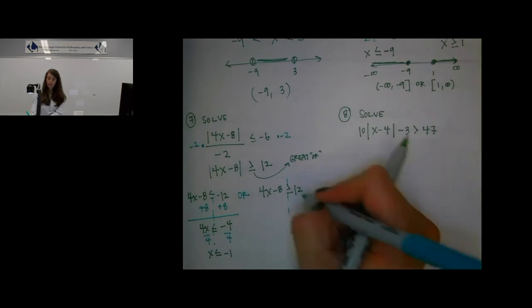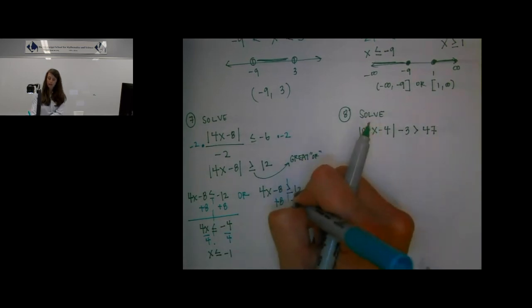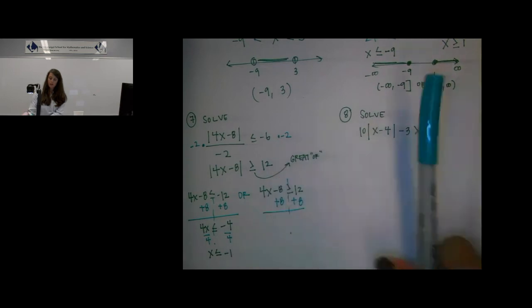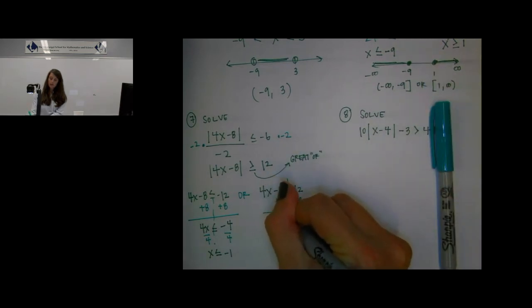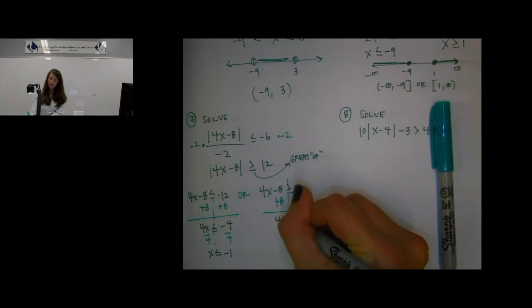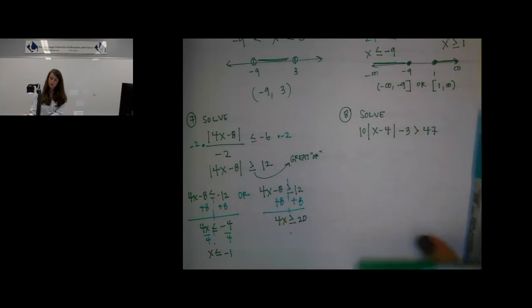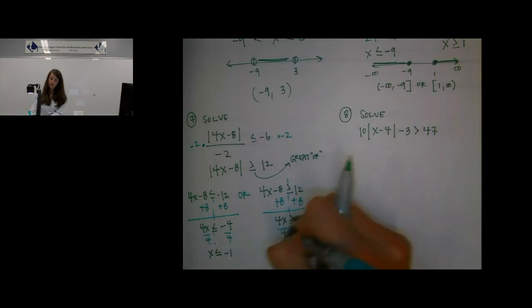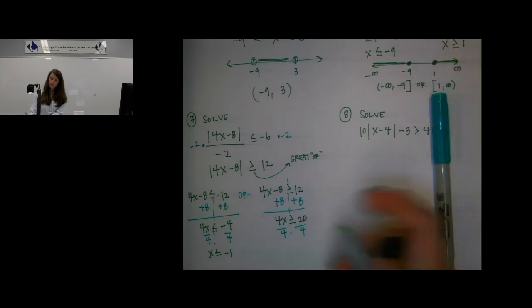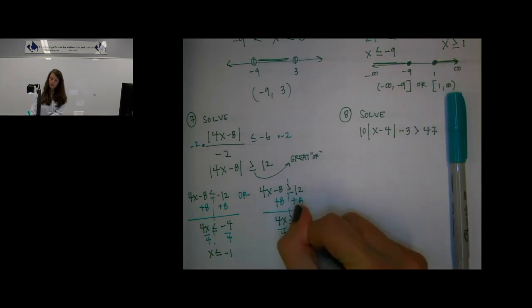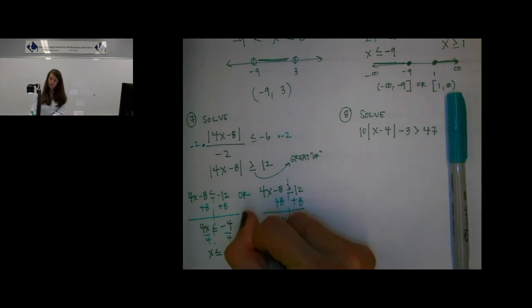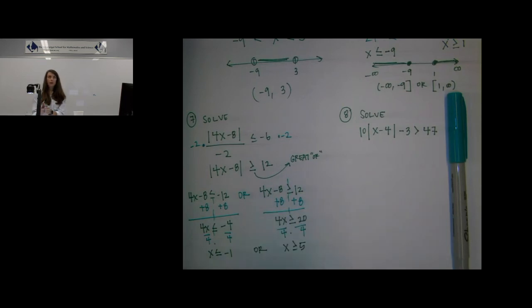Alright, over here, same thing. We'll add 8 on both sides. So we'll get 4x is greater than or equal to 20. Divide both sides by 4. So x is going to be greater than or equal to 5. Right? They're going in opposite directions. Okay?